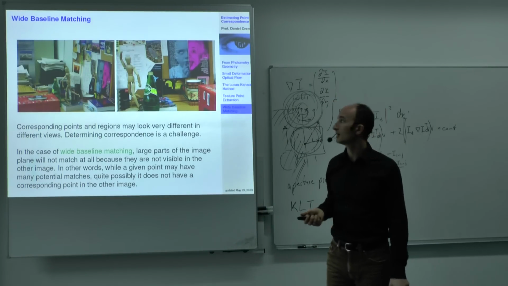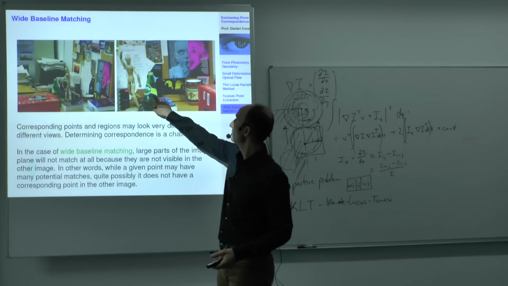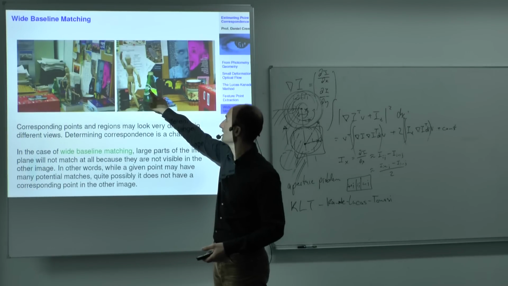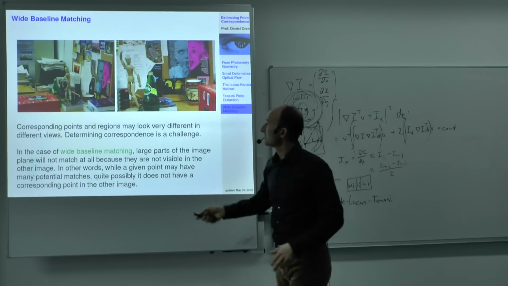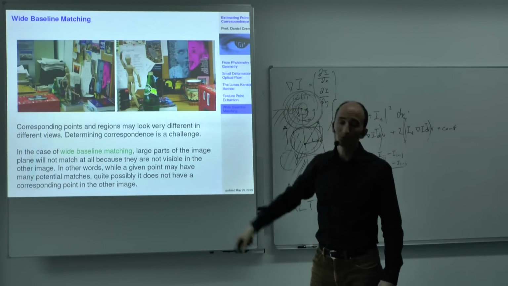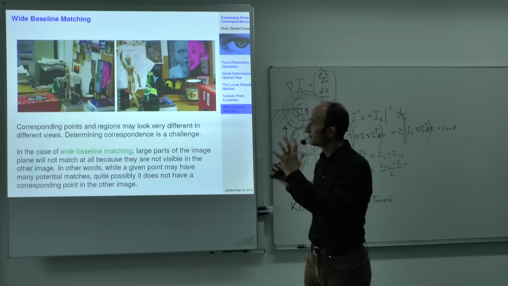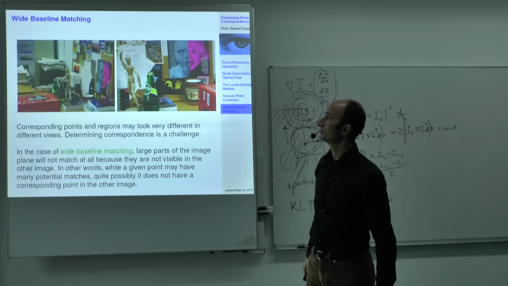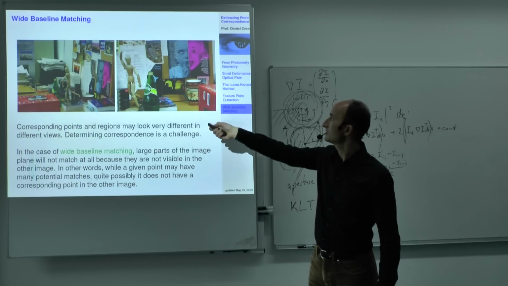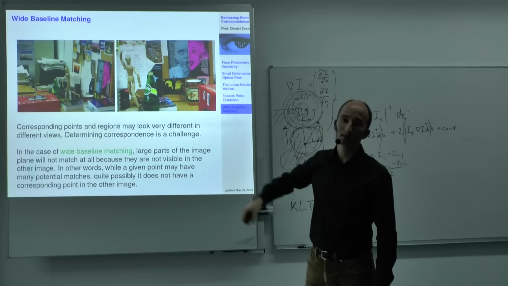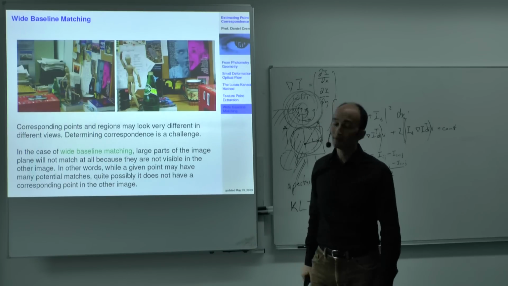It just isn't there. Or if you take that point here, say the R of Perrier, in principle the point is in the image, but it's occluded. It's no longer visible because of substantial rotation of the camera. The same point is actually behind some other structure. And this is very nasty, right?